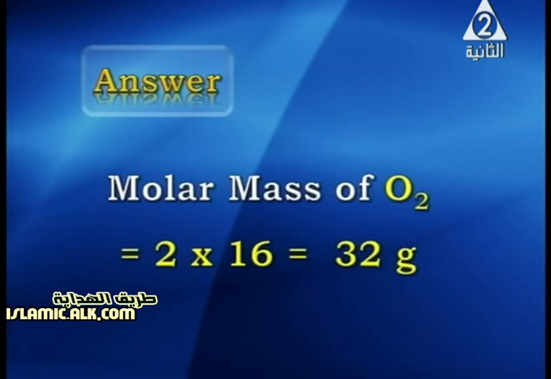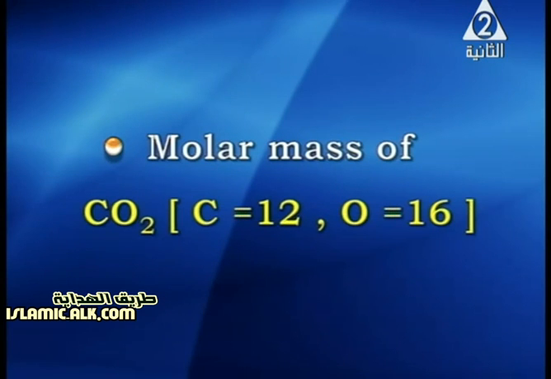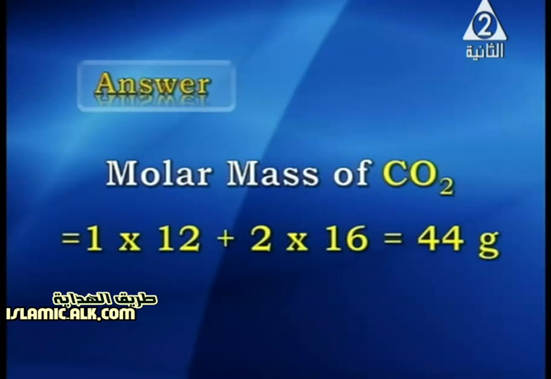The answer: the molar mass of oxygen is 2 times 16, which gives 32 grams. Another example, find the molar mass of carbon dioxide, where the atomic mass of carbon is 12 and the atomic mass of oxygen is 16. The answer here: the molar mass of carbon dioxide equals 1 times 12 plus 2 times 16, equal to 44 grams.